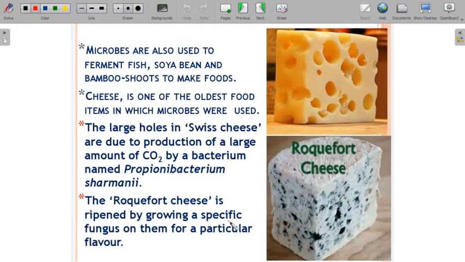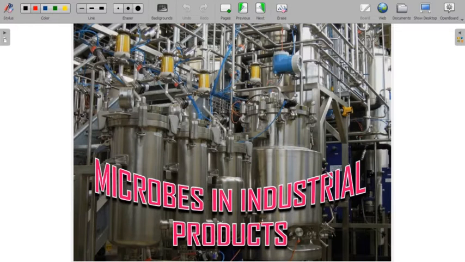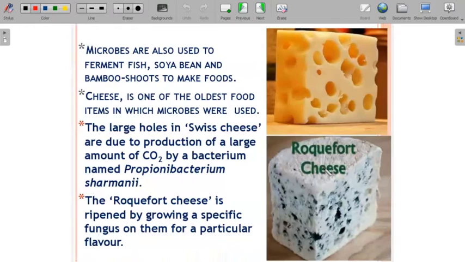It is probably the best-known cheese made from sheep's milk. So these are the four important products: the first is curd, the second is dough making, the next is cheese making, and the fourth is toddy. These are the four important products we have discussed in household products.